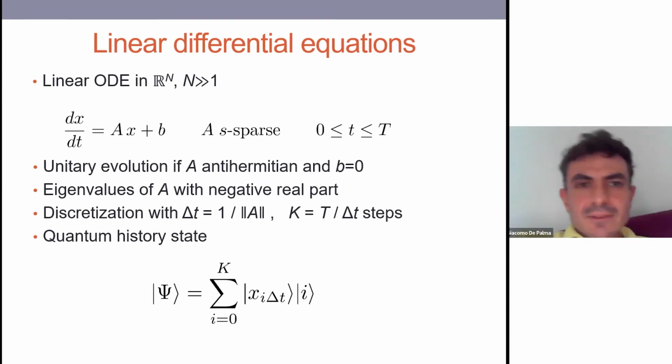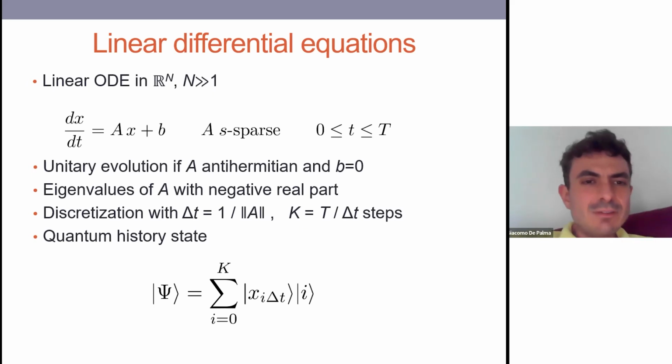Okay, so let's see first an application of HHL. We are in a conference, a school that's meant to be on quantum simulation. So the closest application of HHL to quantum simulation is applying it to solve linear differential equations.